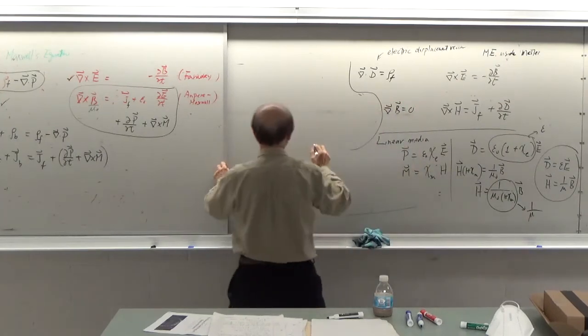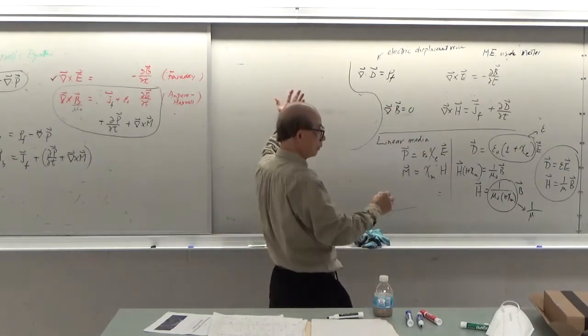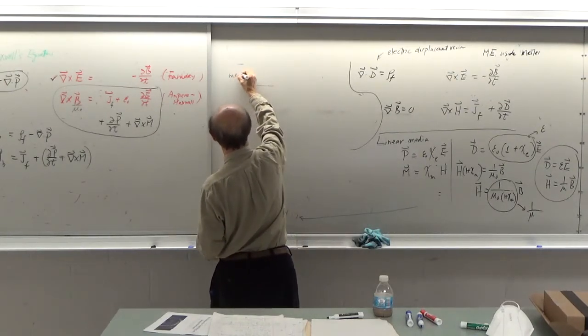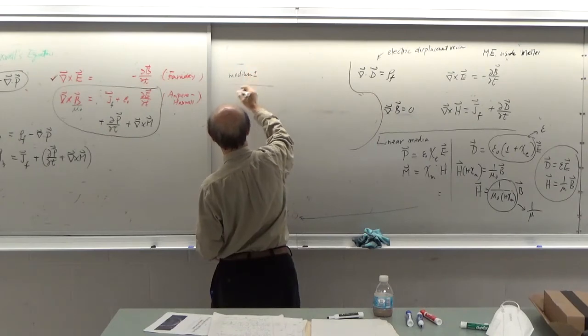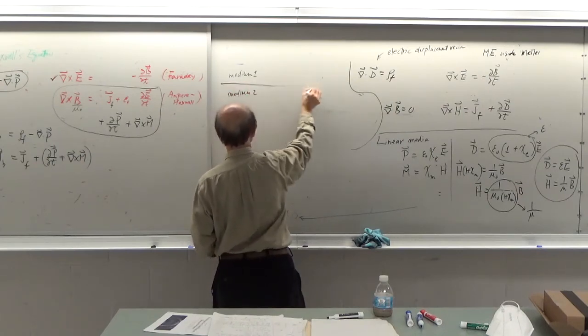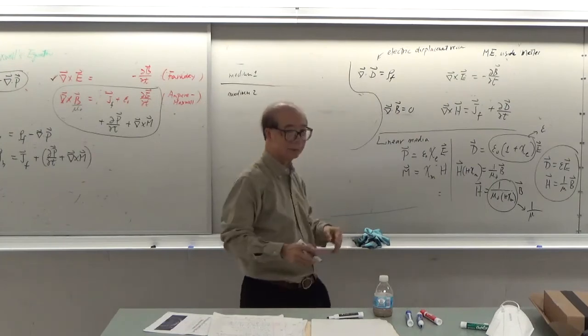So then let's say that we have two different media, one on top of the other one. So medium 1 and medium 2, separated by a surface. Locally, of course, the surface is flat.